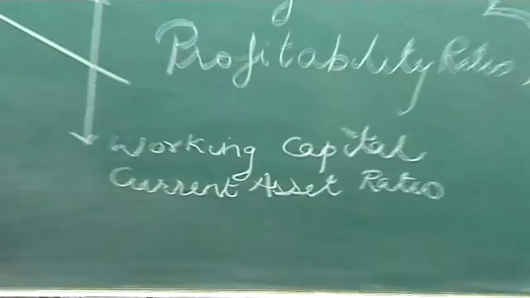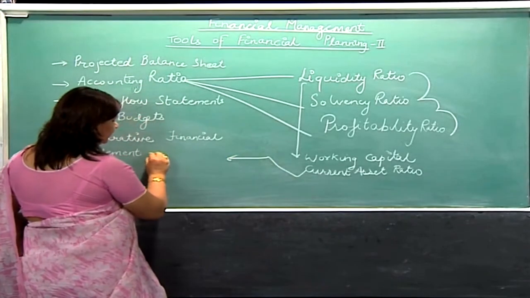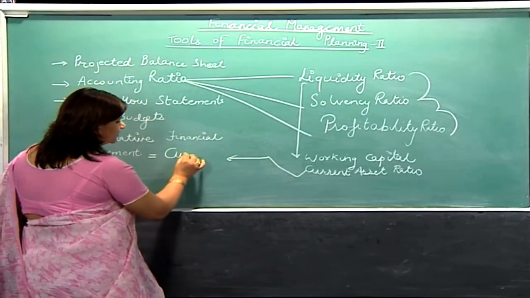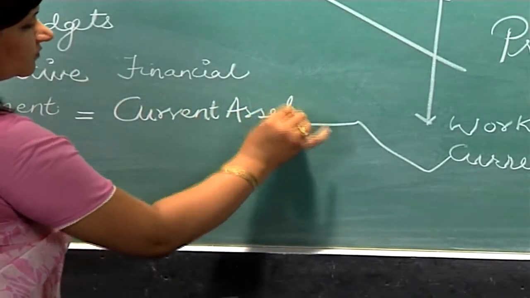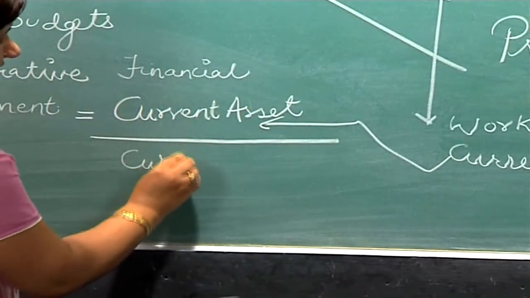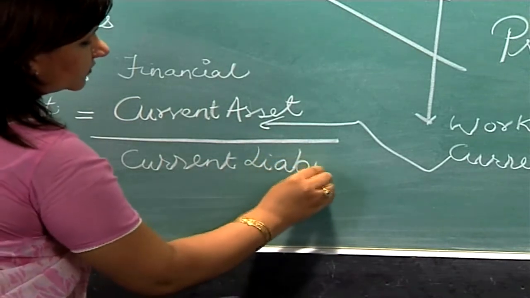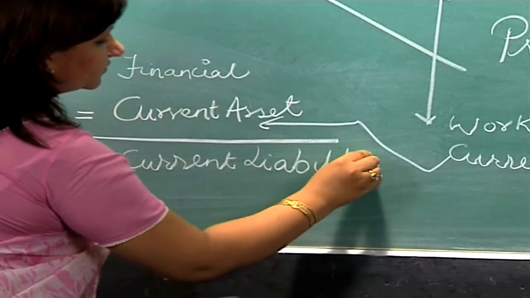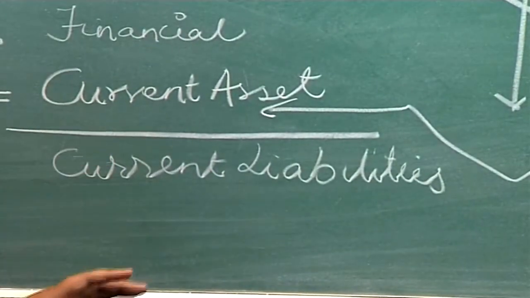Current asset ratio is computed as follows. It is current assets over current liabilities, so it's a ratio of current assets to the current liabilities.